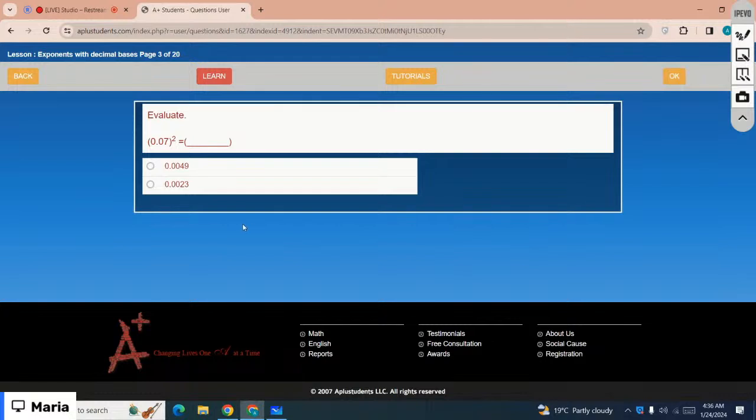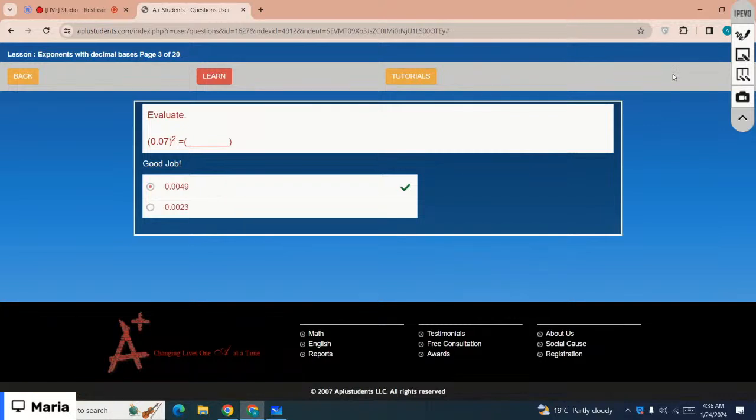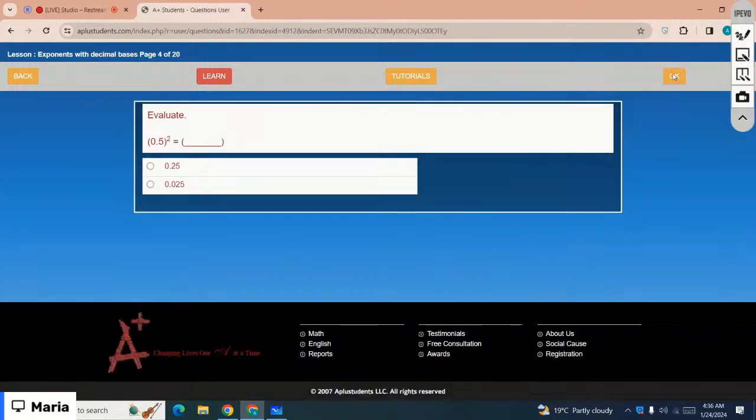Yes, that is option number 1 is the correct option. 0.0049 is the correct option. The next one is evaluate 0.5 square, which is the correct option, option 1 or option 2? Think and then answer.